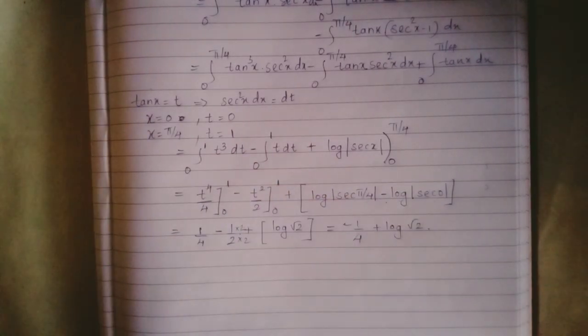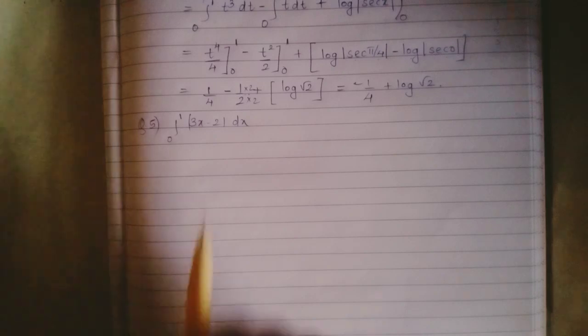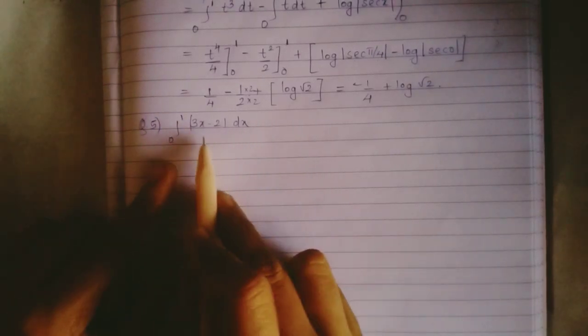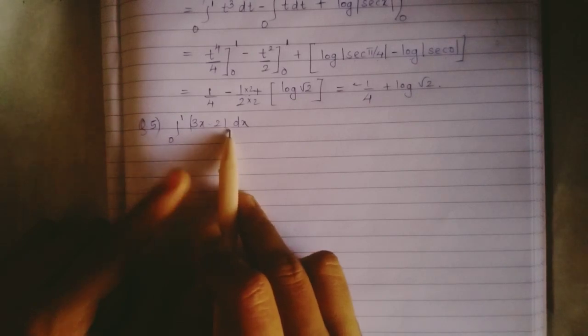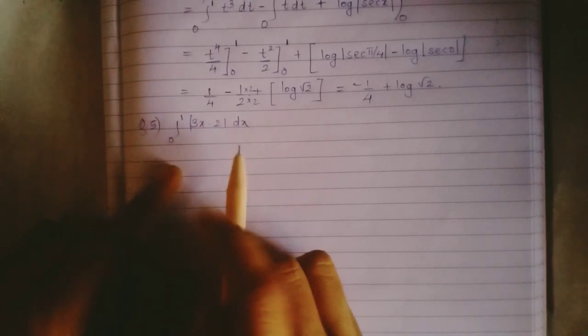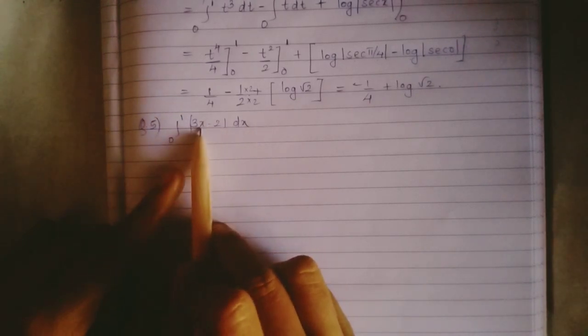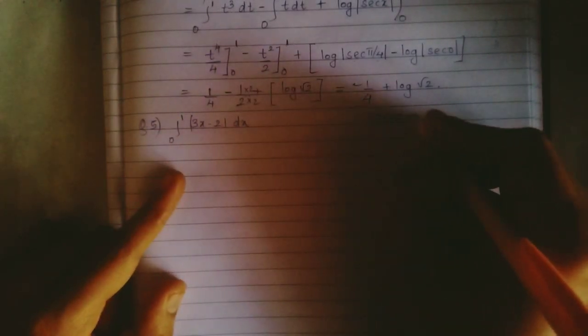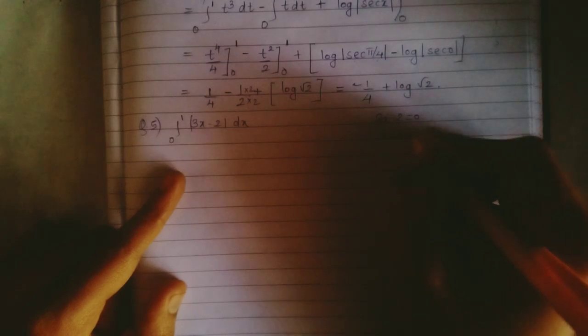Okay, let's solve this. Integral 0 to 1 of mod of 3x minus 2. This type of question we have already done. First you have to find the value of x. So 3x minus 2 equal to 0, so x is 2 by 3.